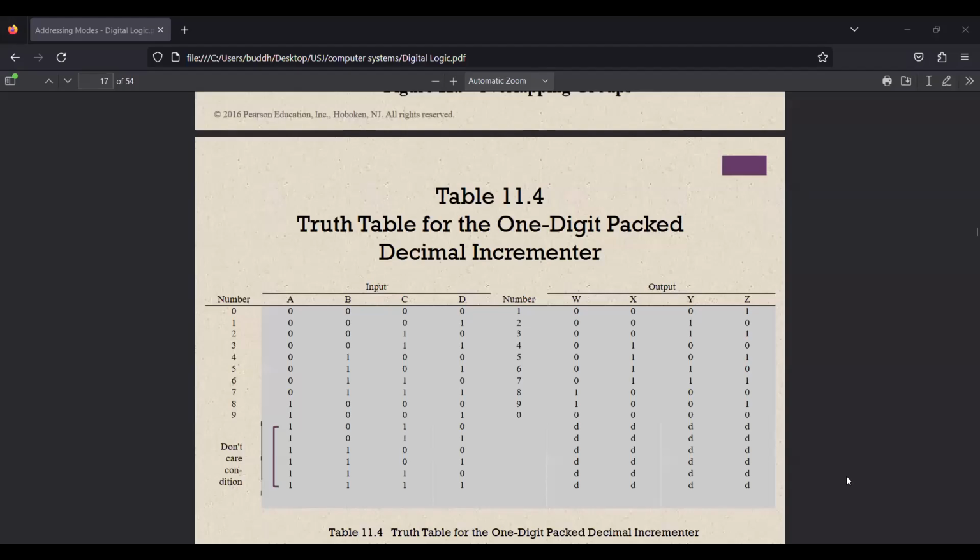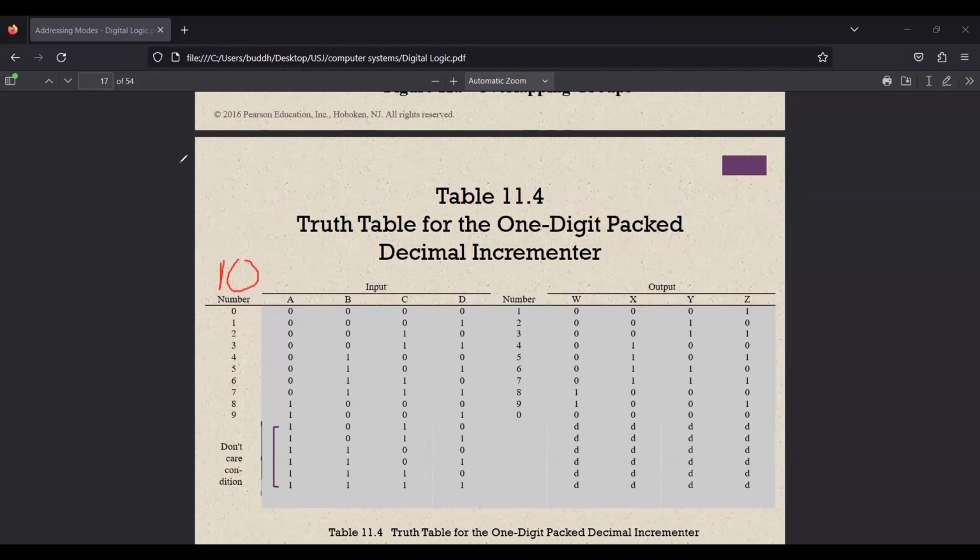But I think, yeah, our time is over. So I will quickly give some hints on this problem. So here, this is one digit BCD decimal increment. So decimal is from natural numbers, right?